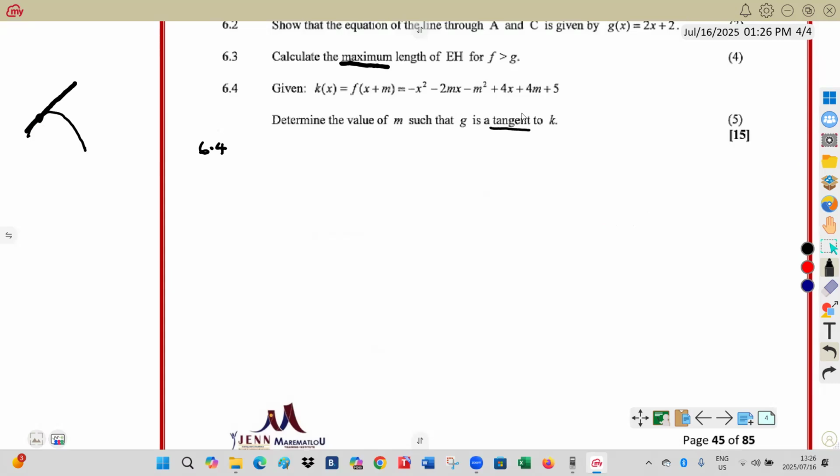So for it to be a tangent, we have to equate kx there. Our kx is going to be minus x squared minus 2mx, let's put the terms with x together, plus 4x.